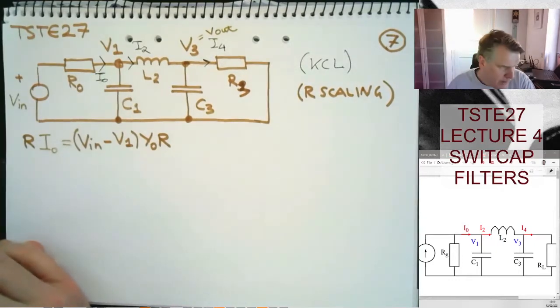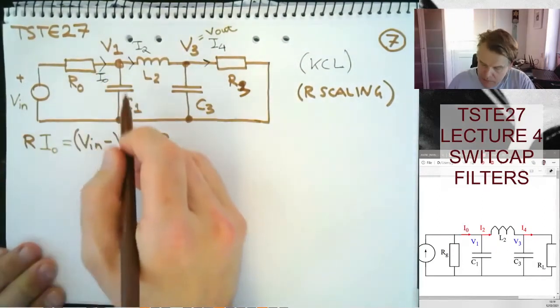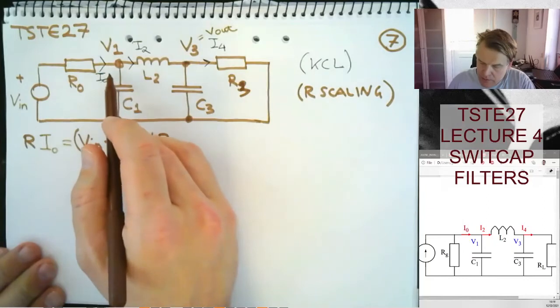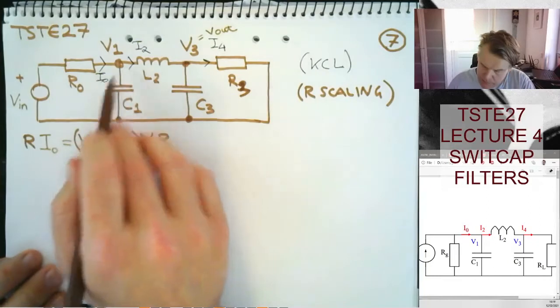All right, what else do I know? Well, I can introduce a current here through this capacitor. And then I know that the sum of those two currents will be equal to each other according to KCL.